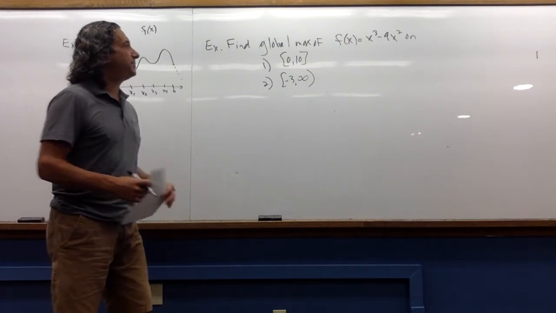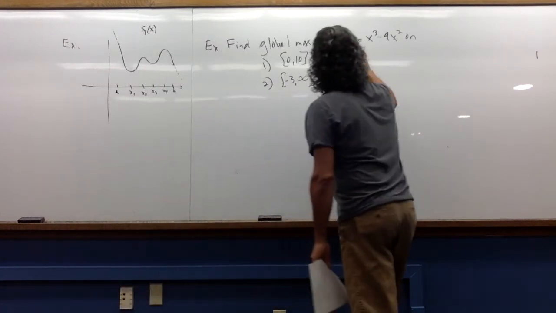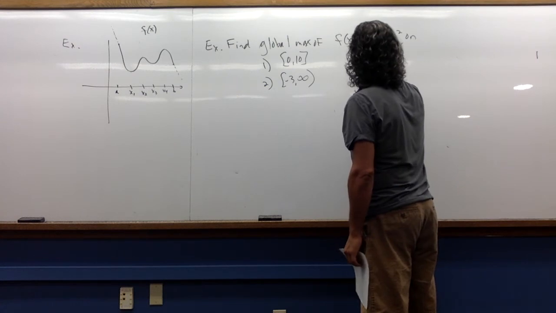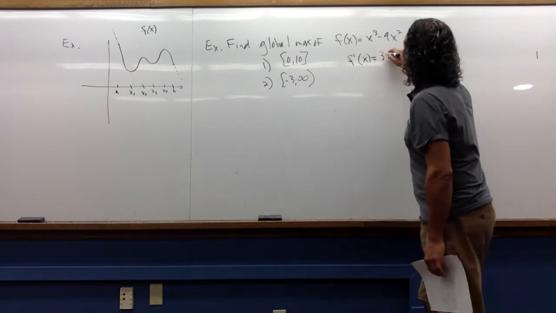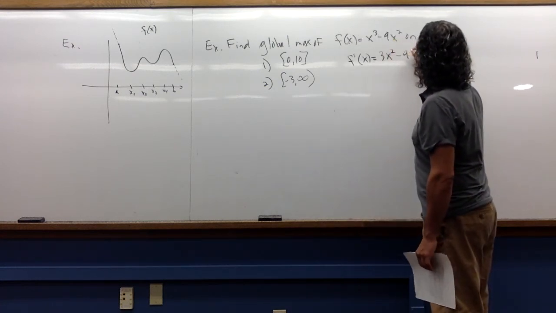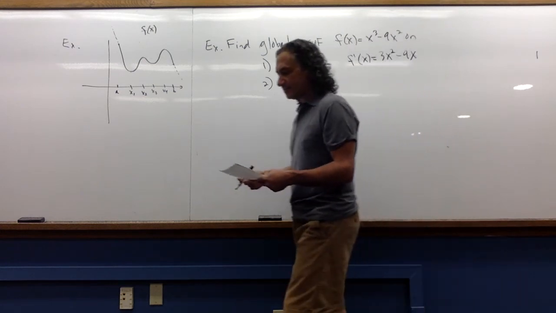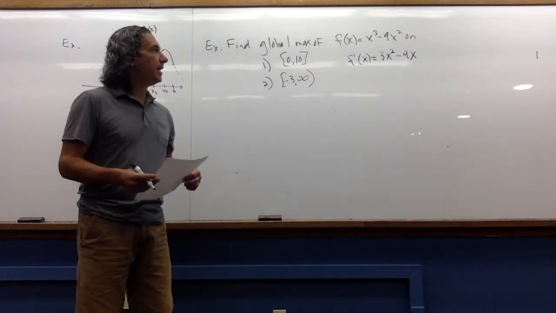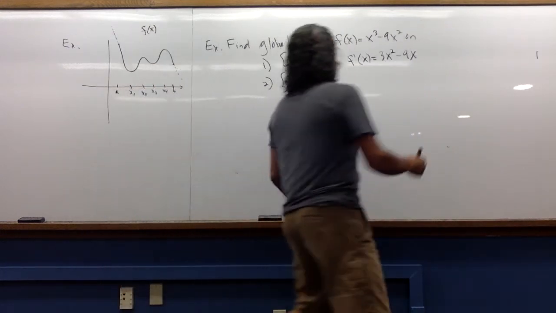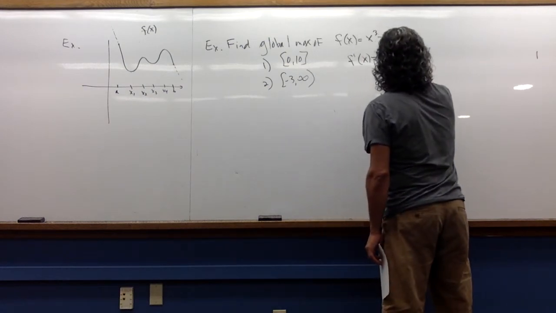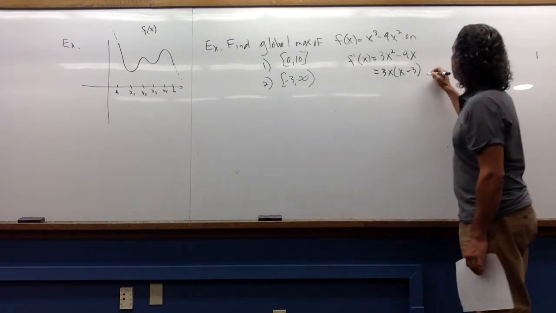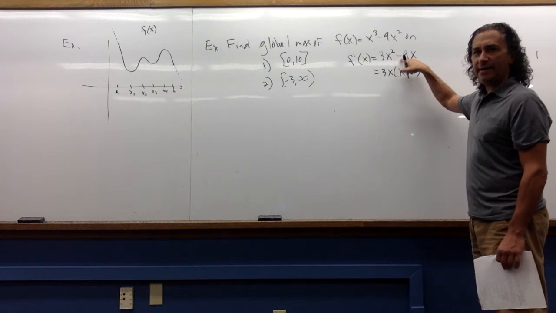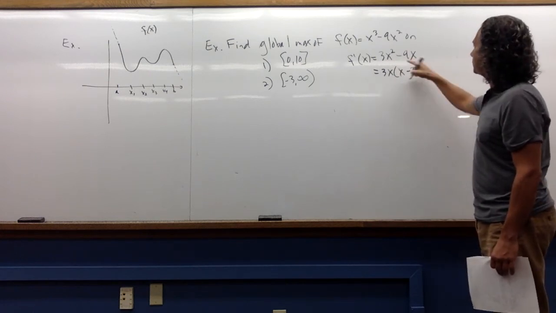Regardless, the steps for the first one are going to be first to find the local max, local min. So I'll take the derivative, 3x squared minus 9x. And let me factor out the 3x here. This guy's always defined. It's just a square function.